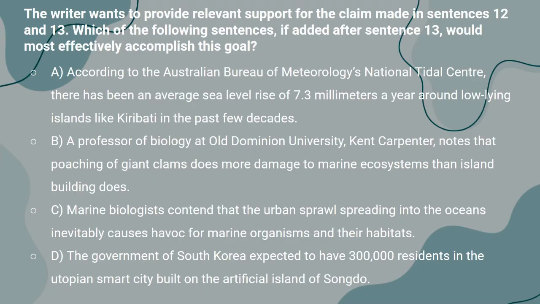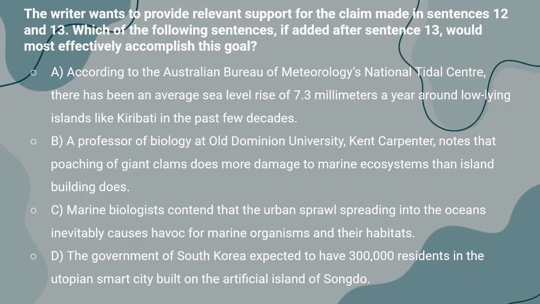I said A is not great because even though it's saying the level is rising about 7.3 millimeters a year around low-lying islands, they could build higher than Kiribati, and that's a negative argument for the island that can be fixed. C is a lot better of an answer.